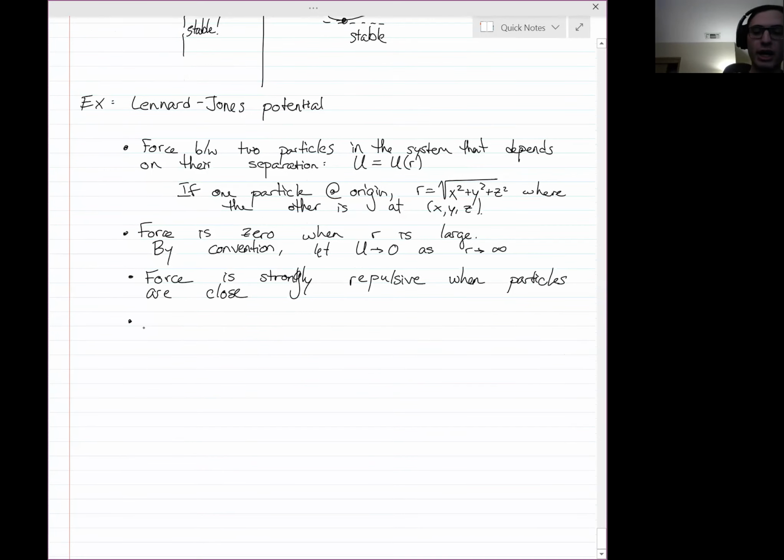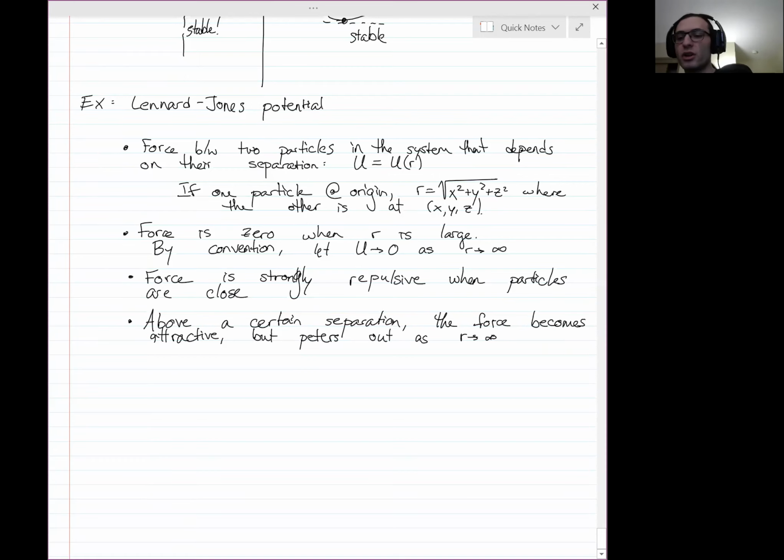Also, above a certain separation, the force becomes attractive. But it peters out as r goes to infinity, and that has to be true because we know the force is 0 when r is large.